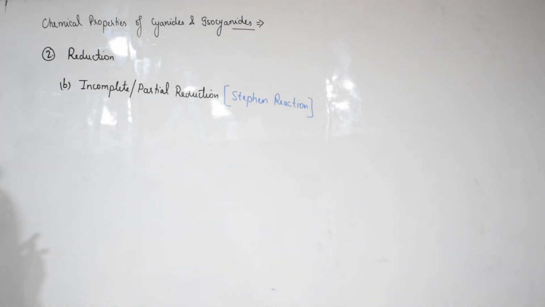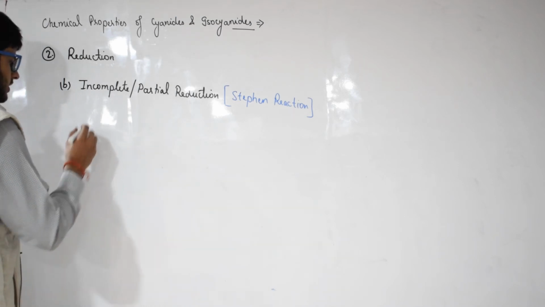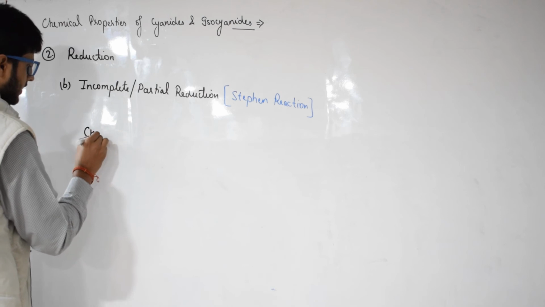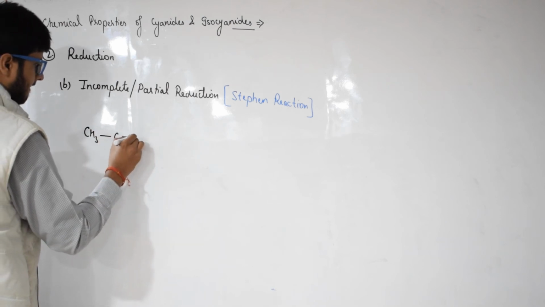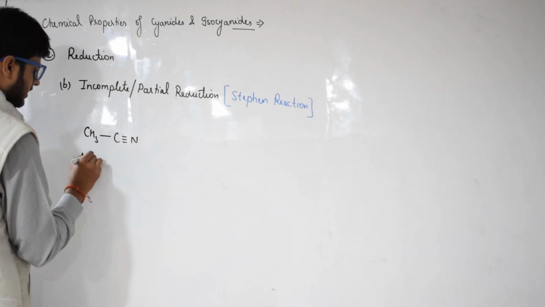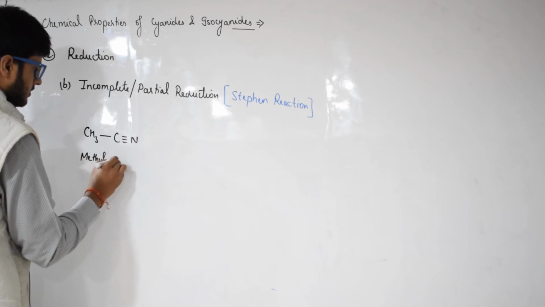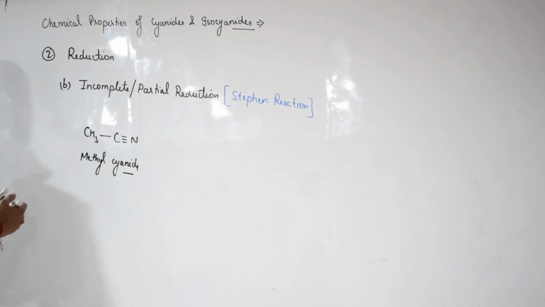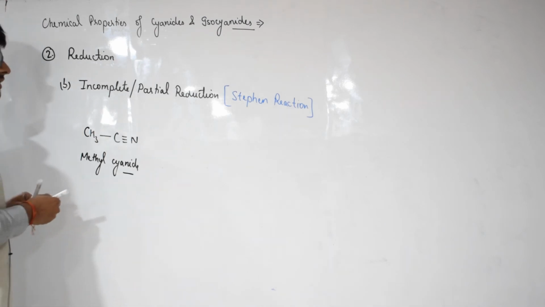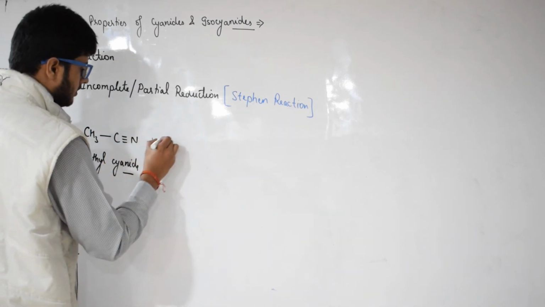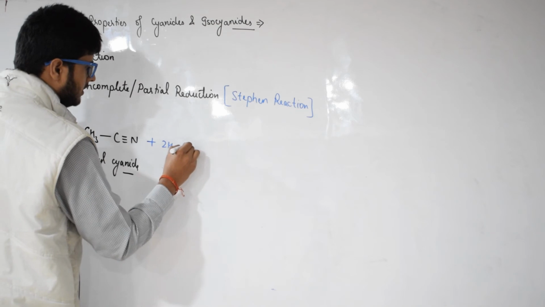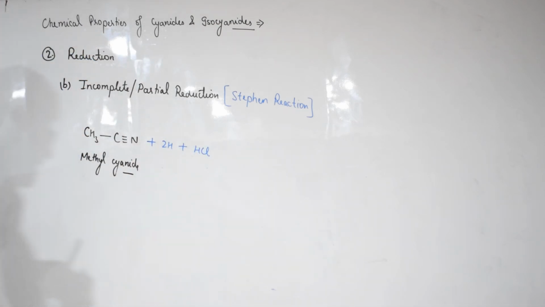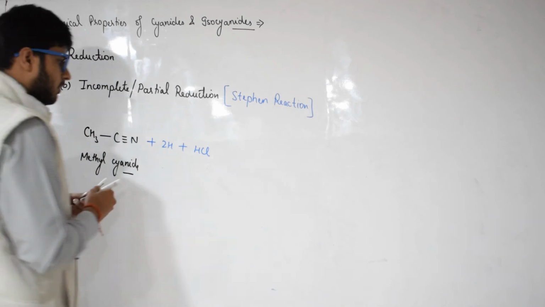What happens in this case? Let us take an example of cyanide. Let it be methyl cyanide again. This is methyl cyanide. When methyl cyanide is treated with 2 atoms of hydrogen and HCl, what happens?